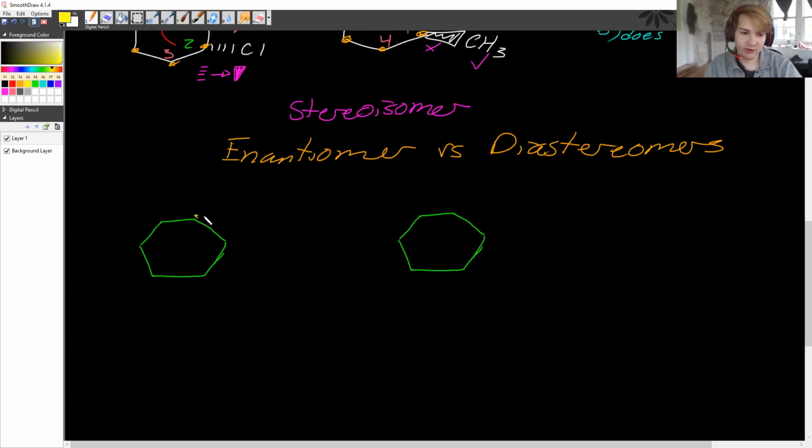We're putting a dash bond here, and maybe a wedge bond here. And the molecule that we're comparing it against looks like this.